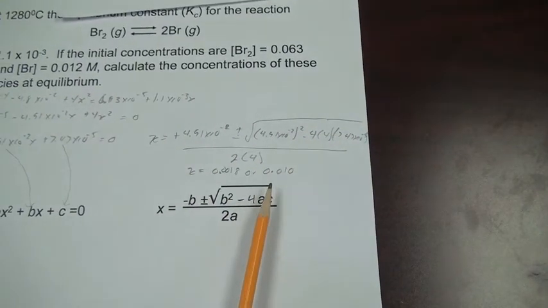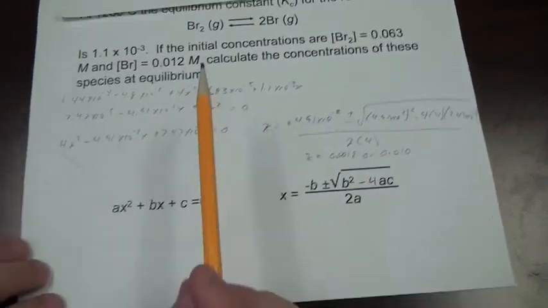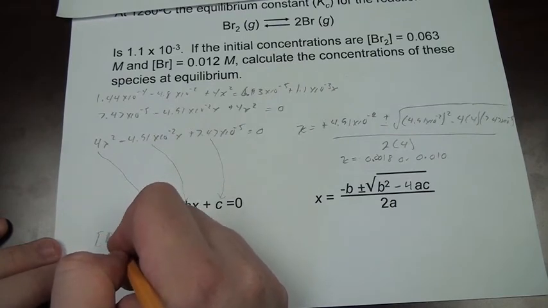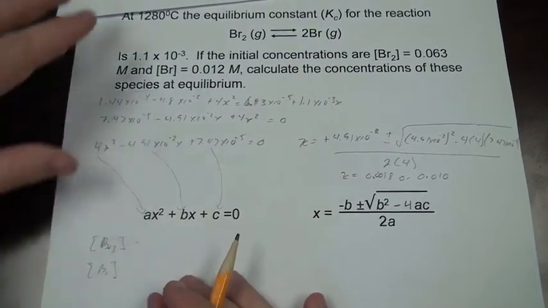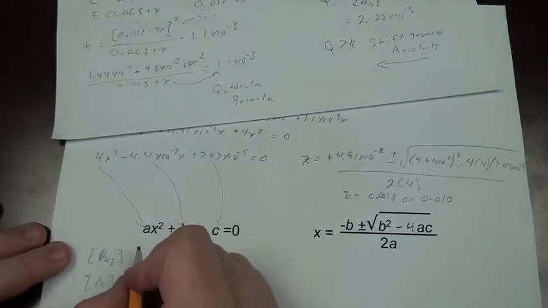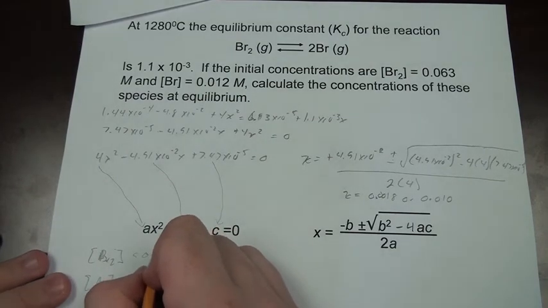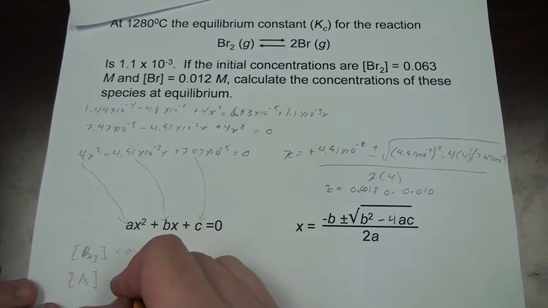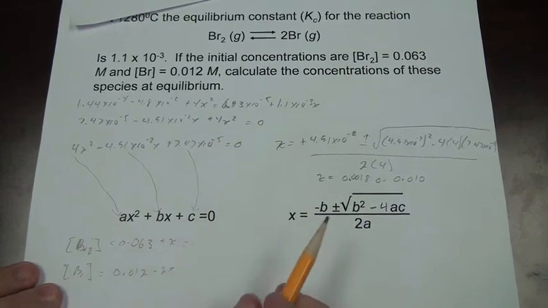Which one is it? Well, remember what we're trying to solve here is for the concentrations at equilibrium. So we have to go back and calculate the concentration of Br2 and the concentration of Br. From our ICE table, we know that Br2 is going to be equal to 0.063 plus x, and Br is going to be 0.012 minus 2x.